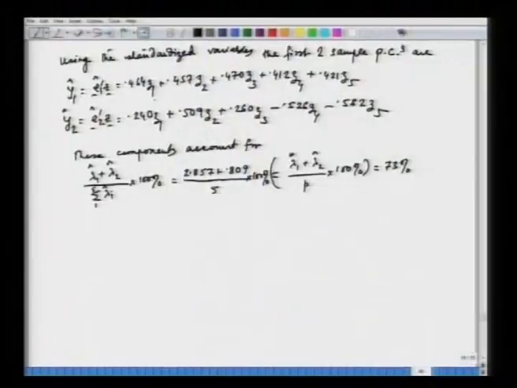So, from real life data, about 73% of the total variability is explained by the first two sample principal components. Now, if we look at the interpretation of these principal components, it is quite interesting. You can see that the first principal component is giving a weighted index to all the stocks. It is 0.464 with the first, 0.457 with Z2, and so on. So, this Y1 hat can be thought of as a sort of market indicator, giving you the weighted average of all the stock prices.